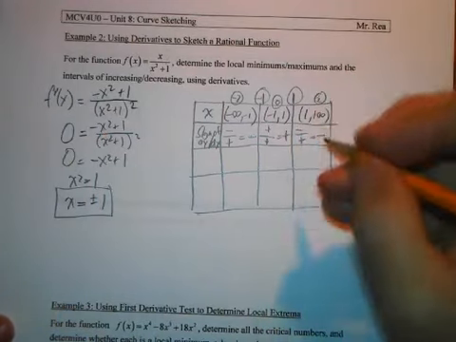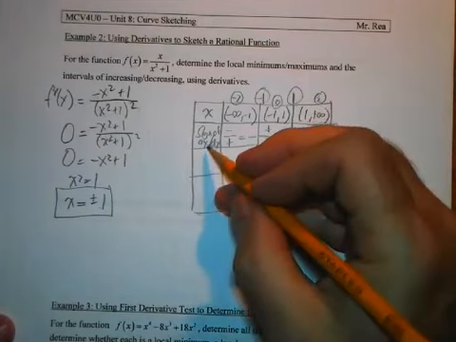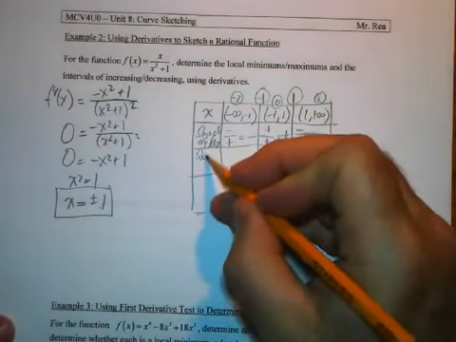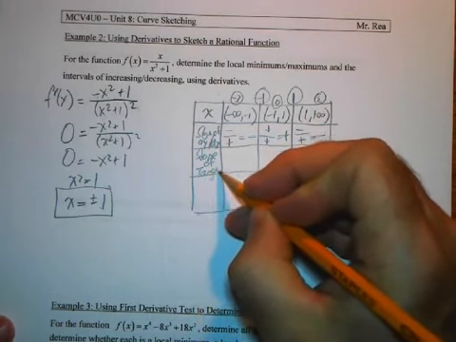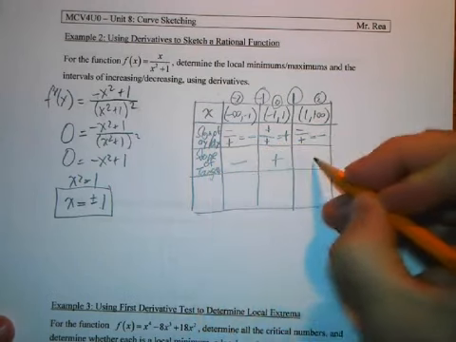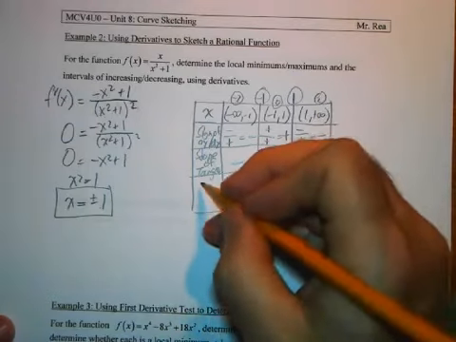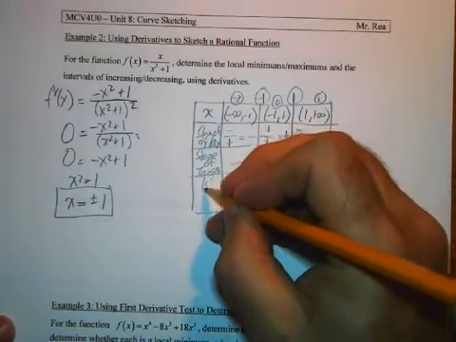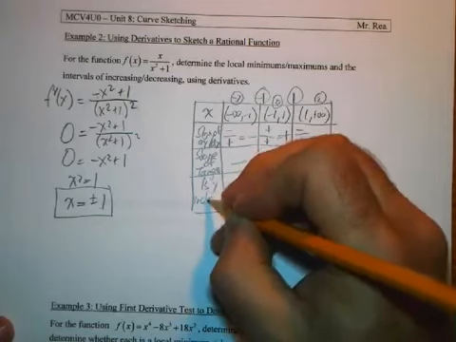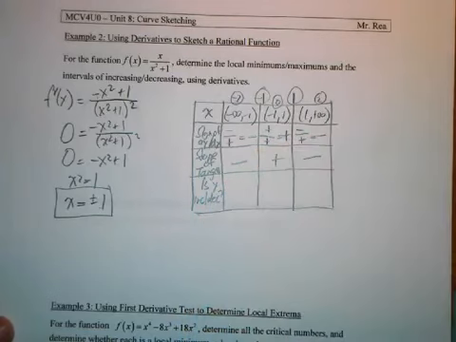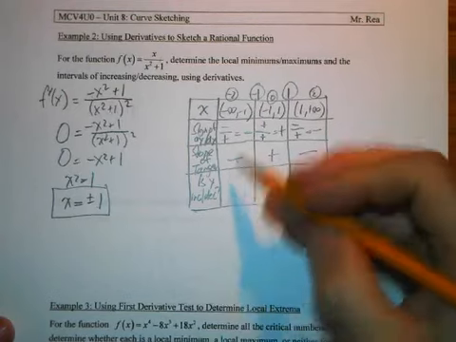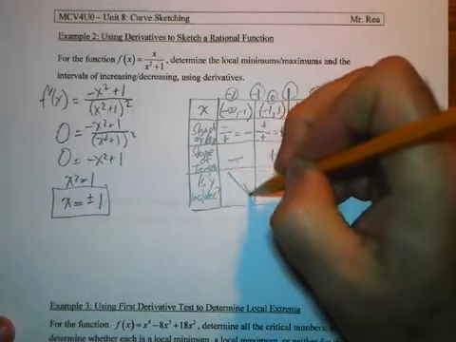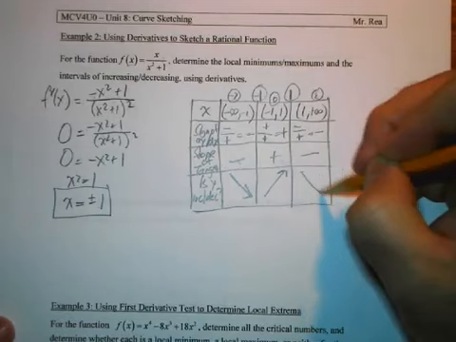So overall, for the slope of the tangent: negative, positive, negative. Is y increasing or decreasing? You can see right from there that it's decreasing. So let's make it more visual. That's going down, that's going up, that's going down.